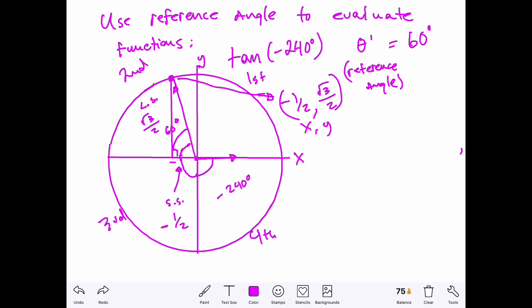Okay, let's construct, say, tangent. Well, to get to tangent, I can write it first. Tangent of negative 240 equals sine of negative 240 over cosine of negative 240. But really we're not thinking of that so much as we're thinking of our reference angle.